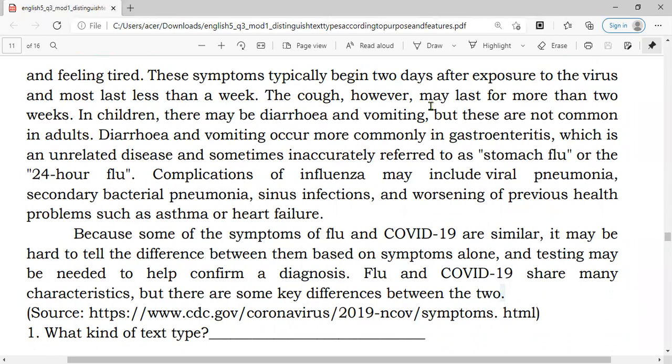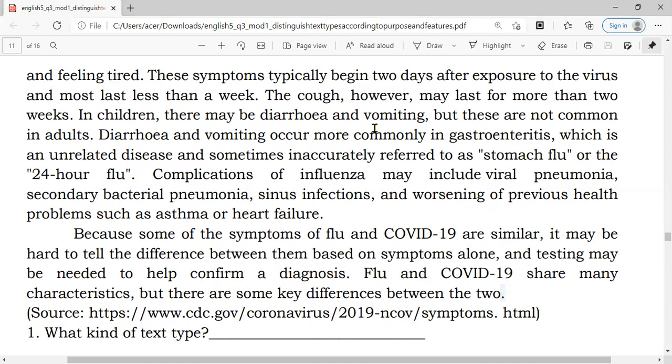The cough, however, may last for more than 2 weeks. In children, there may be diarrhea and vomiting, but these are not common in adults. Diarrhea and vomiting occur more commonly in gastroenteritis, which is an unrelated disease and sometimes inaccurately referred to as stomach flu or the 24-hour flu.